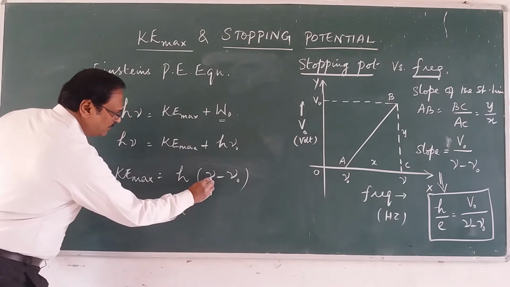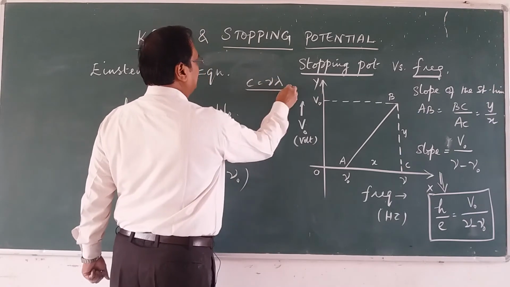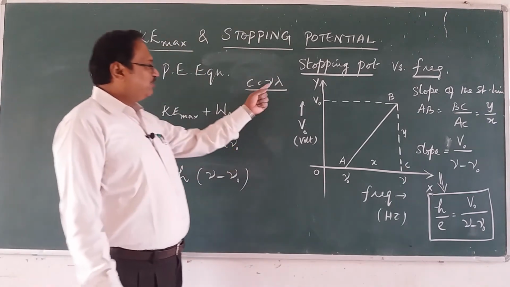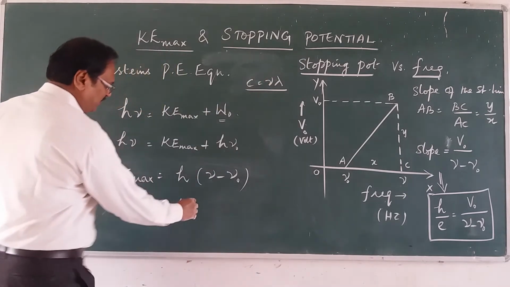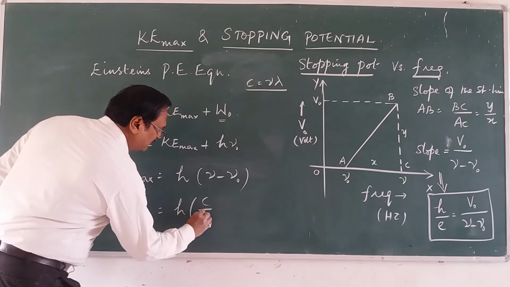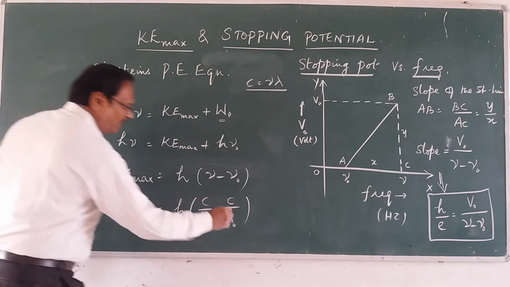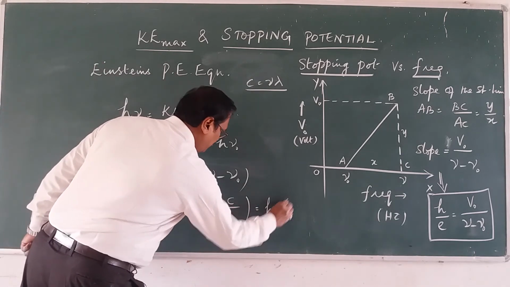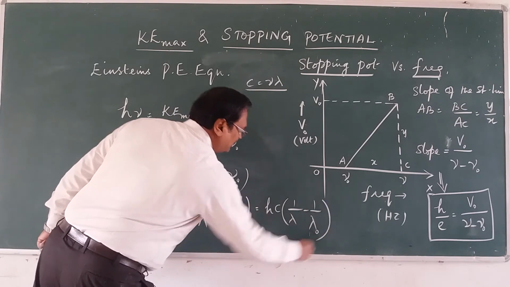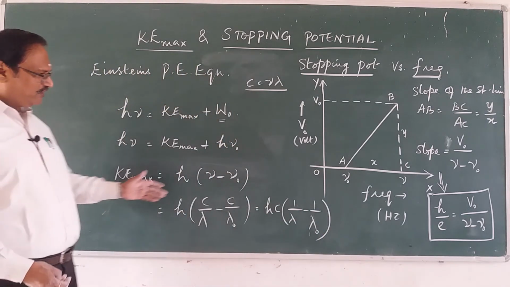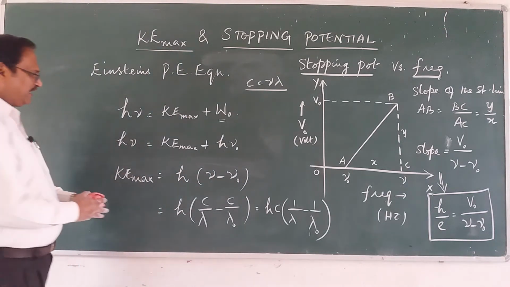H of nu. C is equal to nu lambda. C is velocity of light, nu is frequency, lambda is wavelength. So I can say C upon lambda minus C upon lambda naught. Or I can also say hc of 1 upon lambda minus 1 upon lambda naught. This also is used in numerical cases. We can use this particular equation.